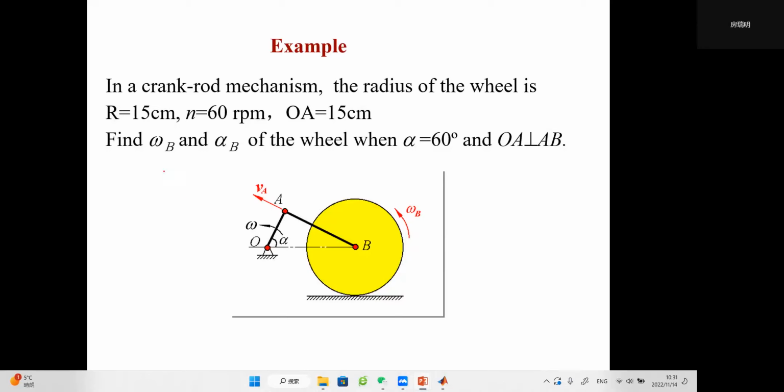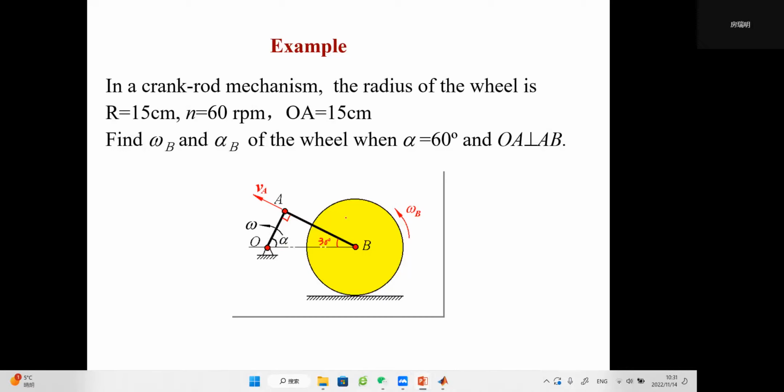So our task is to find omega B and alpha B of the wheel when this angle alpha equals 60 degrees and OA is perpendicular to this AB. So if here is 60 degrees and here is perpendicular from one line to another, it's quite easy to find here should be 30 degrees, right?